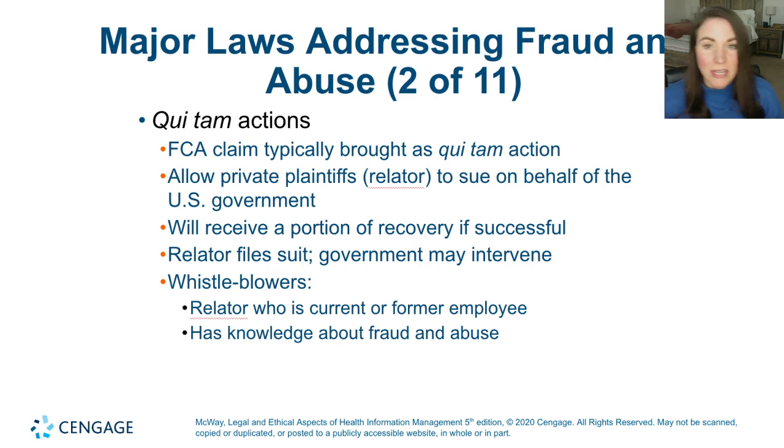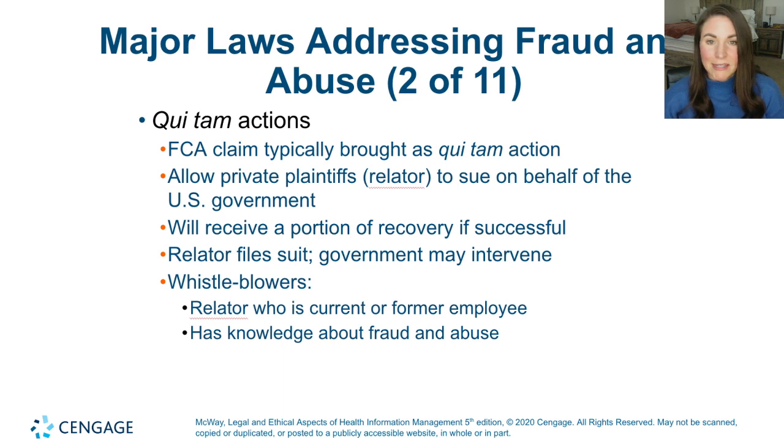FCA claims are typically brought as qui tam actions, which allowed private plaintiffs to sue on behalf of the government, and if they're successful, then they receive a portion of the money they won. So this private plaintiff is called a realtor, and they start the lawsuit on their own.